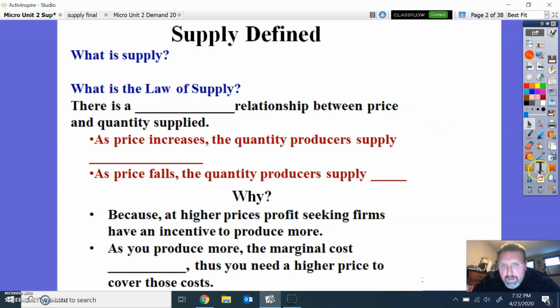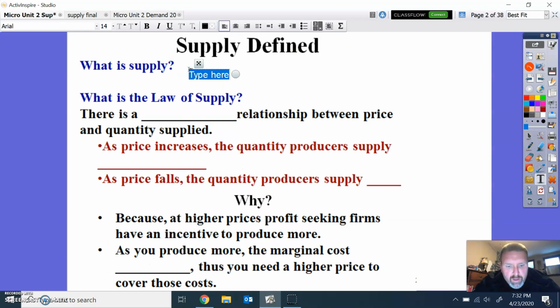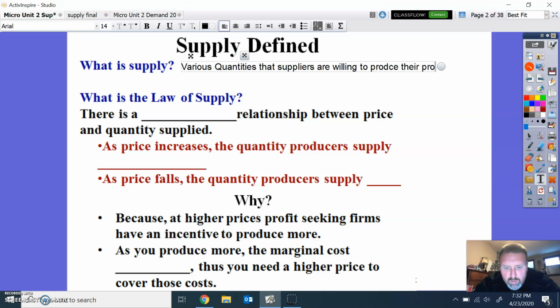So what is supply, okay? Let's give you the old textbook definition right here. It's the various quantities that suppliers are willing to produce of their product based on price.